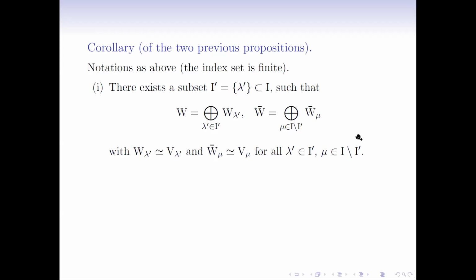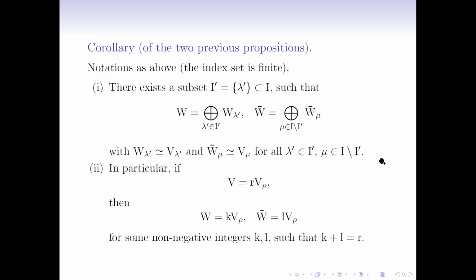So it means that whenever our module V decomposes into a finite direct sum of simple submodules with some multiplicities parameterized by some indexes, and we have a submodule, then there is a complementary one, and this submodule corresponds to a subset of indices, and the complementary corresponds to the complementary subset. So we cannot meet anything else.